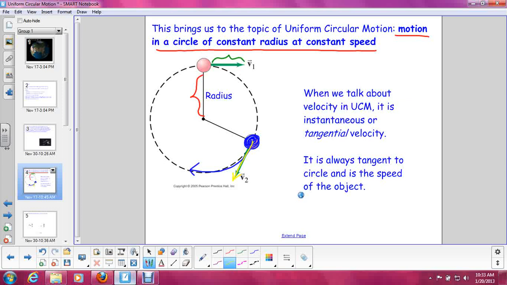So for example, if I were spinning a ball around like this and all of a sudden the string broke, the ball would continue moving along this yellow arrow because that is the direction of its velocity at that exact point.